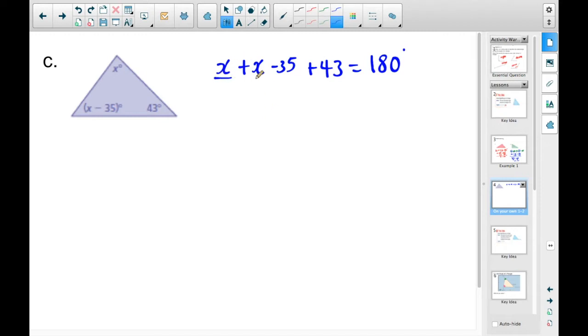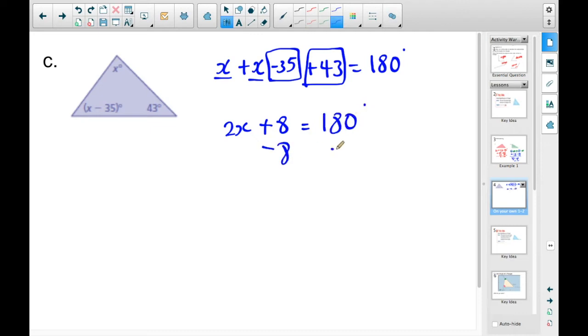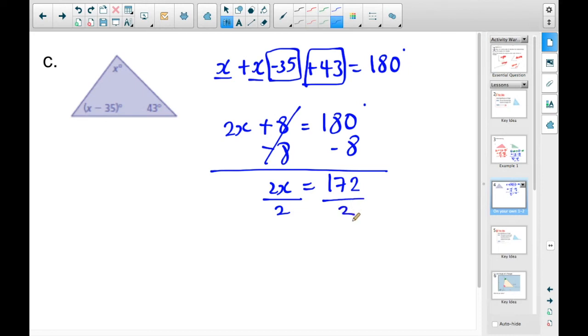Then combine like terms: x and x becomes 2x, negative 35 and positive 43 become positive 8, equals 180 degrees. Subtract 8 on both sides, and you get 2x is equal to 172. Divide by 2 on both sides, and x is equal to 86. And that's all for this question.